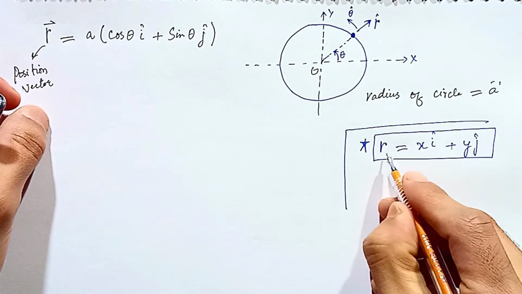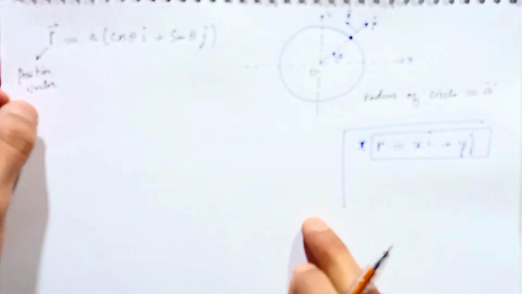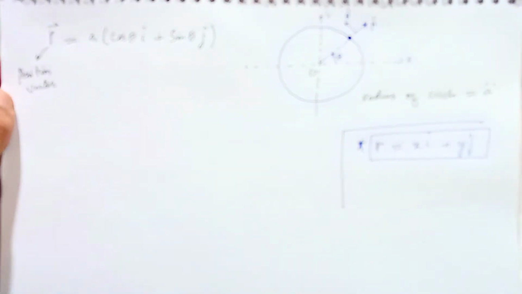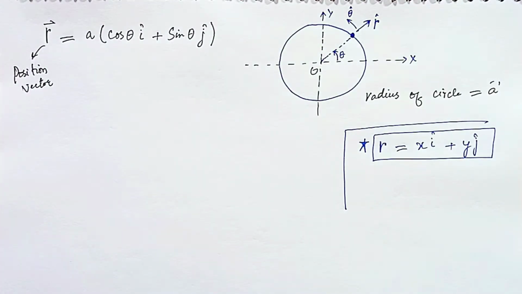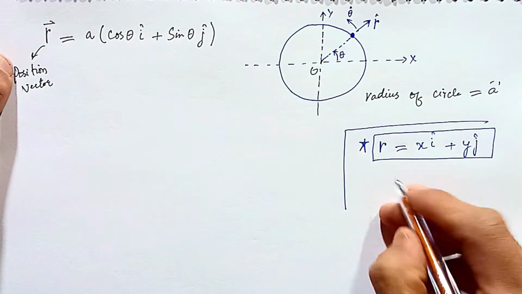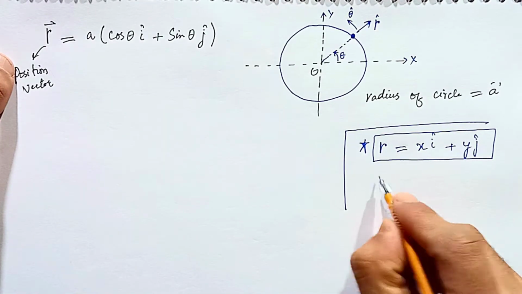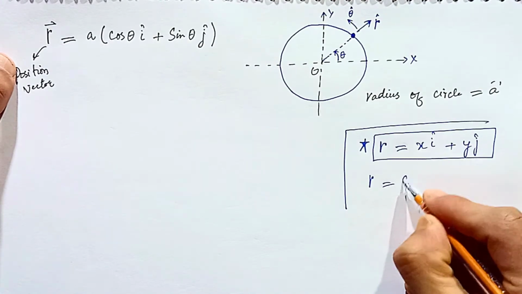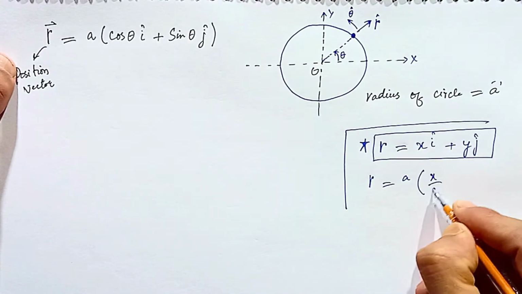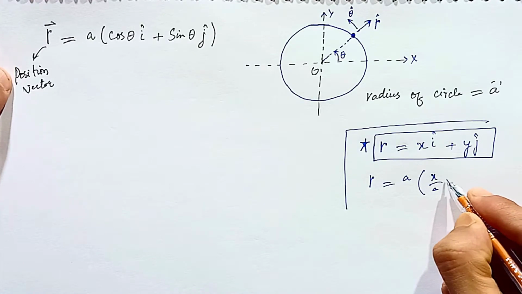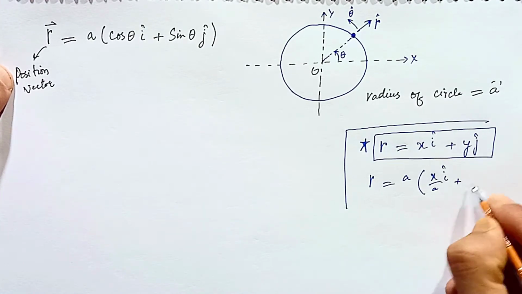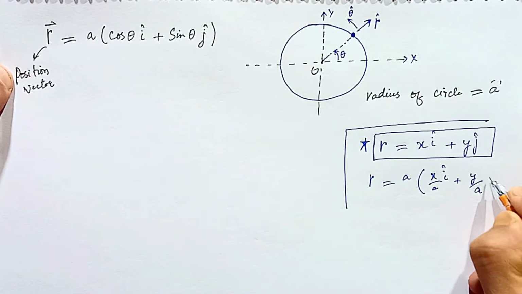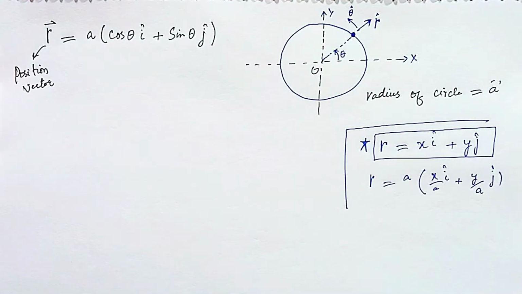However, since here it is moving along the circular path, we can write it down as r equal to a times x divided by a, dividing throughout by a, i plus y by a j hat.